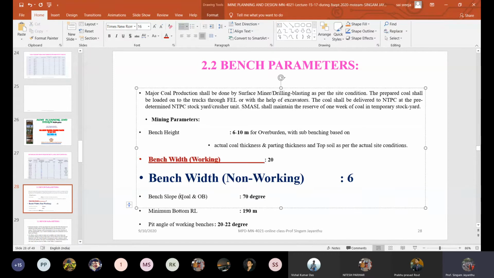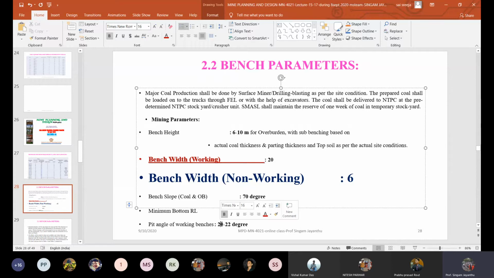Width of the benches is selected like this, then bench angle 70 degrees, and then the minimum bottom RL, of course. This reduced level at the bottom is 190, as they envisaged. And the pit angle of working benches is 20 to 22 degrees, because this is a working bench. You should keep in mind that this is not the ultimate pit slope angle; this is a working bench slope angle.